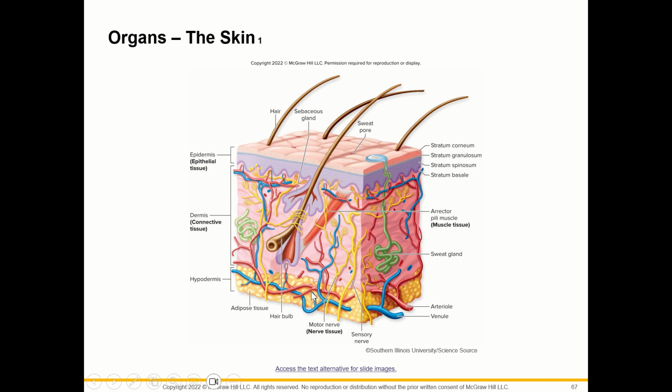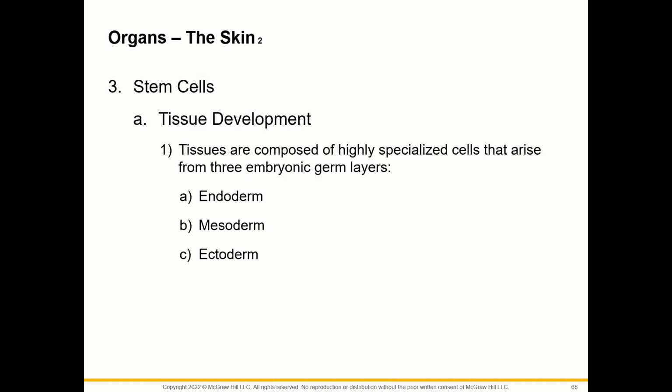And then strewn all throughout the dermis, you can see nerve endings, and they even go up and touch the epidermis because the skin is a very important sense organ. And then deep to the dermis, you can see the hypodermis, which is going to have your adipocytes. And then all throughout that, we also see blood vessels. So that is a great little slice of organ there, showing all four tissue types and subtypes of the different primary tissues.